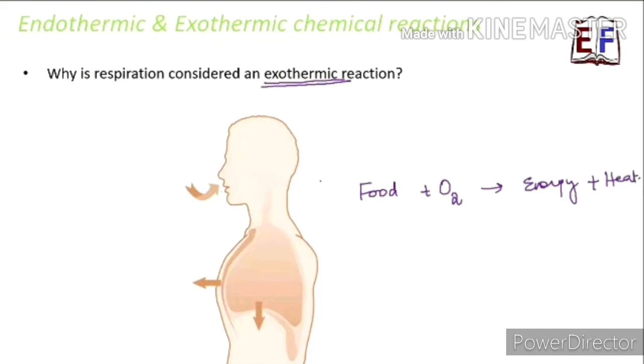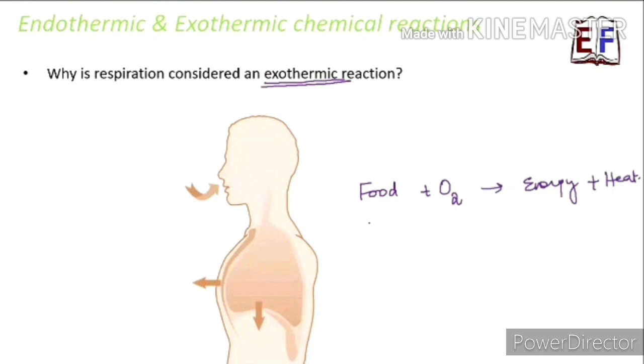So that is why respiration is an exothermic reaction. And from where do we get this oxygen? It comes from breathing. So that is where we talk about external respiration. So respiration as a whole is an exothermic reaction because energy is released as a part of this reaction.